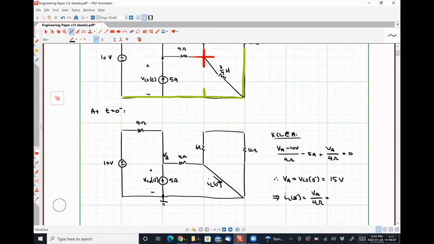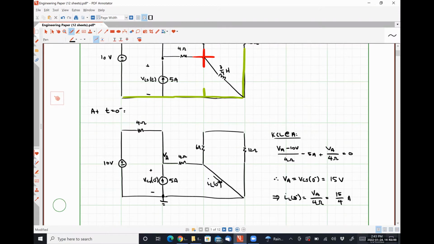So 15/4 is, well, I'm just going to leave it as 15/4 because I'm lazy. Anybody have any questions, comments, or concerns about the analysis that we've done here?